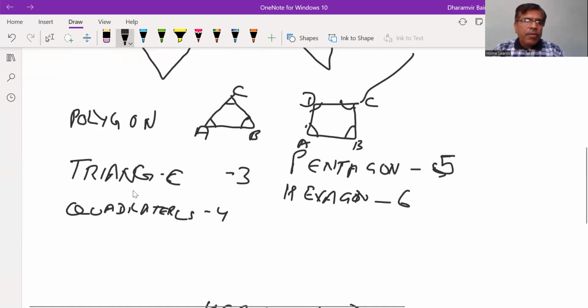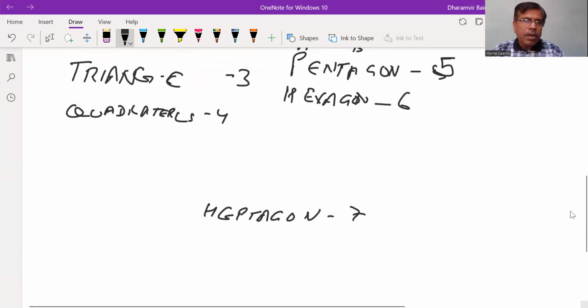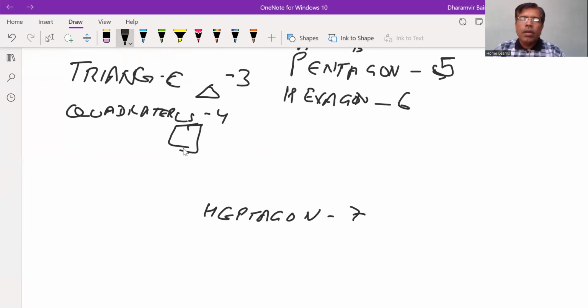You can draw the figure for the triangle. Triangle is like this. Quadrilateral is like this. It has 4 sides. Pentagon has 5 sides like this.